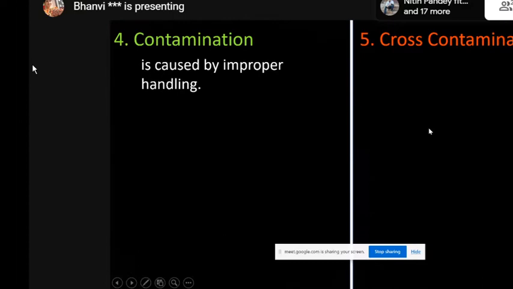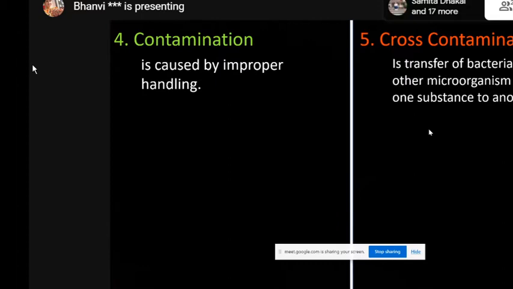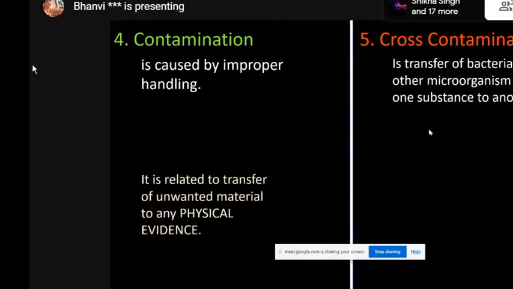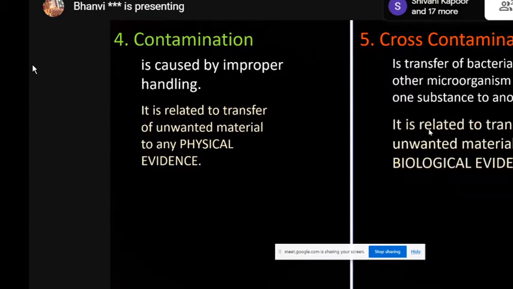Contamination is caused by improper handling, and cross contamination is the transfer of bacteria or other microorganisms from one substance to another. Contamination is related to the transfer of unwanted material to any physical evidence. Cross contamination is related to the transfer of unwanted material to any biological evidence.